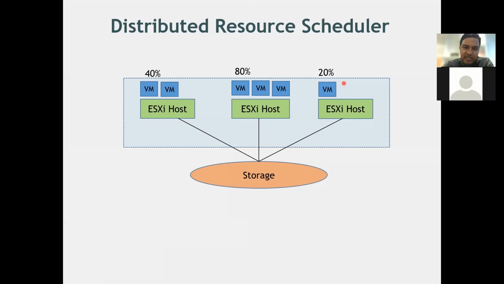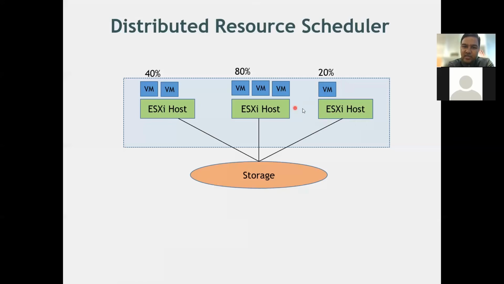Now, in this case, if DRS is not enabled or not used, all these hosts will keep on running. And this host is going to consume energy and everything while its utilization is only 20%. But if we can shift this load to this host, then this host's load will be 60%, and we can close this host.